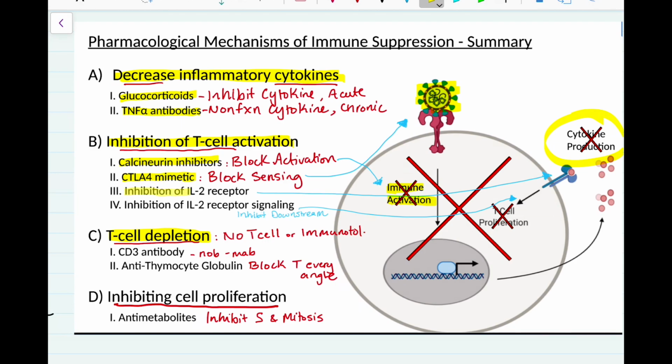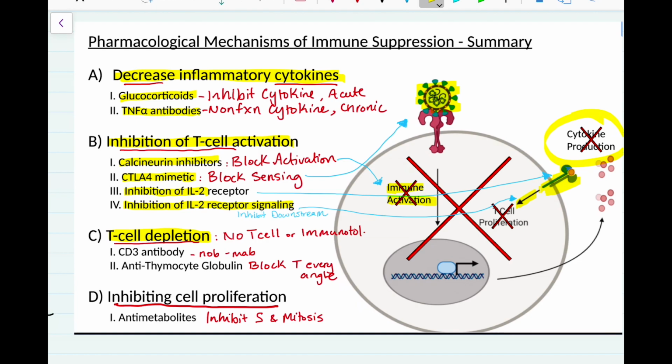Then we have inhibition of IL-2 receptor, and fourth is inhibition of IL-2 receptor signaling. The first, inhibition of IL-2 receptor, is right here where the cytokines will not activate T cell proliferation, but inhibition of IL-2 signaling inhibits the downstream signal so that you do not get T cell proliferation. So they're similar but different drugs.